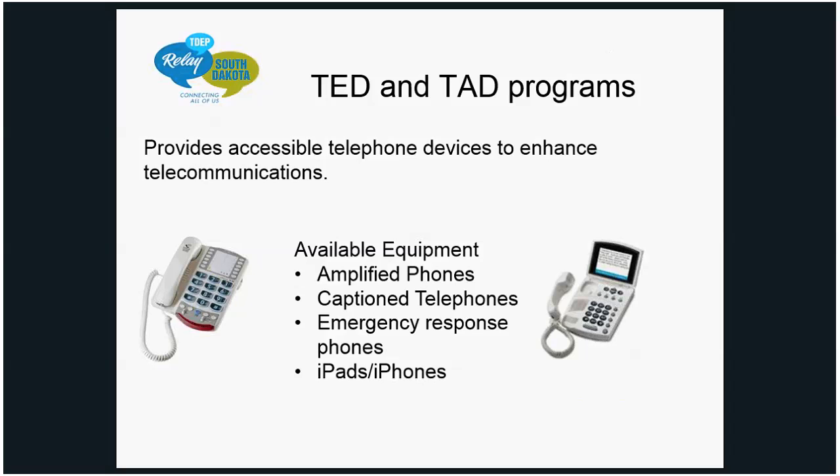And many times I imagine that there's some crossover here with LTSS folks when it comes to the telecommunication equipment distribution program. The amplified phones are a real hot seller when it comes to that, and they serve a number of older individuals.